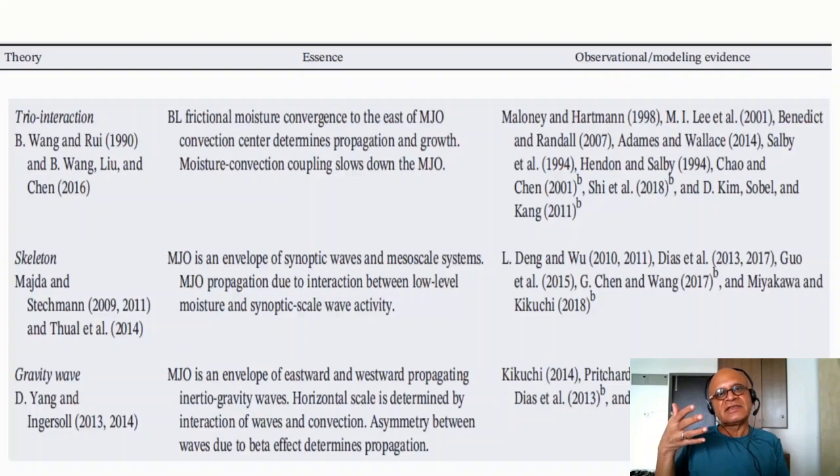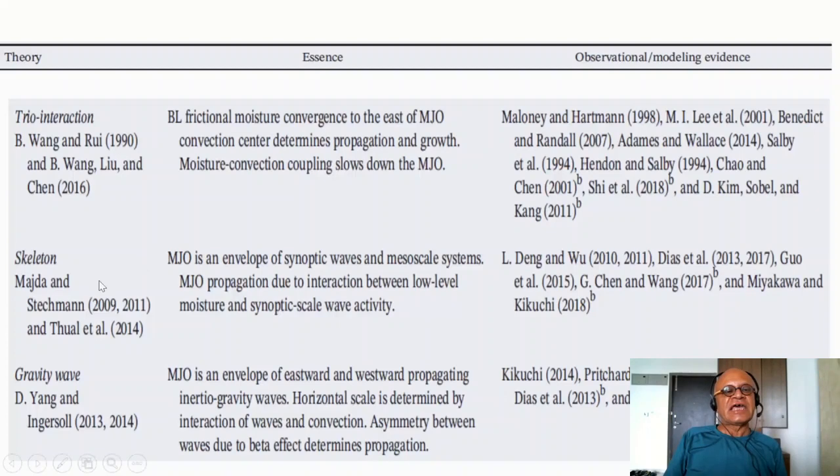It doesn't necessarily need cloud radiation feedbacks, but it is included in the model, and these are the papers that provide some observational evidence that is consistent with the key processes assumed here in terms of the moisture convection feedback, frictional convergence, and moistening, and the moisture convection coupling to slow down the MJOs.